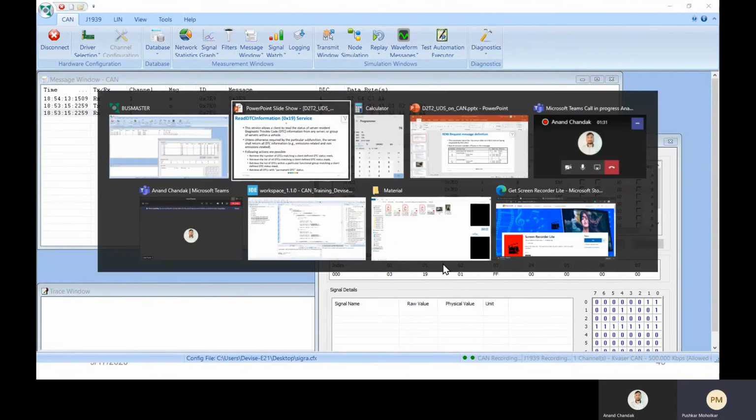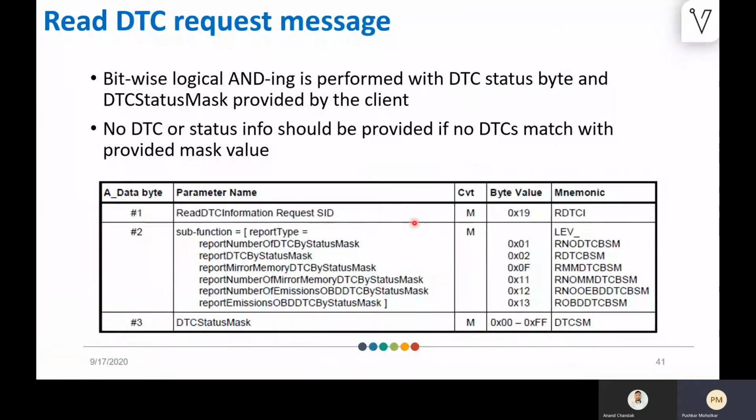As you can see, this is the service request format. First, we have to send a service identifier, then the sub function. 0x01 represents number of DTCs. If we send a request with the sub function value of 0x01, then the server will respond with the number of DTCs that are present in the server.